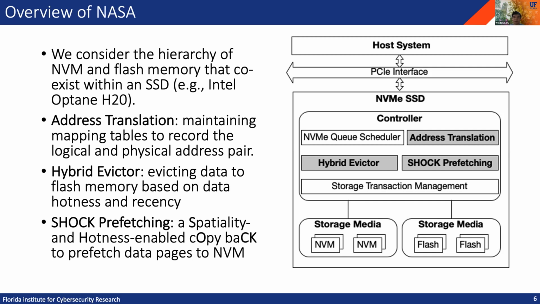The hybrid evictor leverages data hardness and recency of real-world workloads to perform data eviction when the NVM is filled up. The shock prefetching prefetches data from flash memory to the NVM when an update happens to a data page in a flash block, based on the spatial locality and hardness of the real-world workloads.